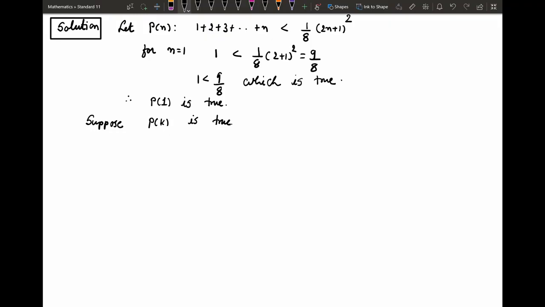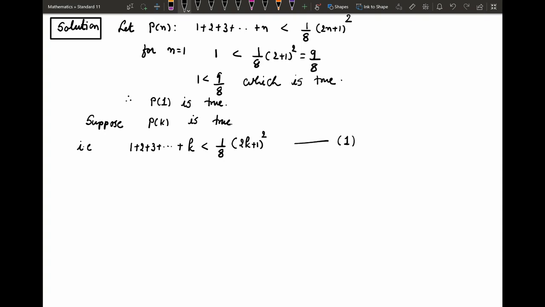So, P of k is true means 1 plus 2 plus 3 and so on, the sum of the first k natural numbers, is less than 1 by 8 into (2k plus 1) square, replacing n by k.